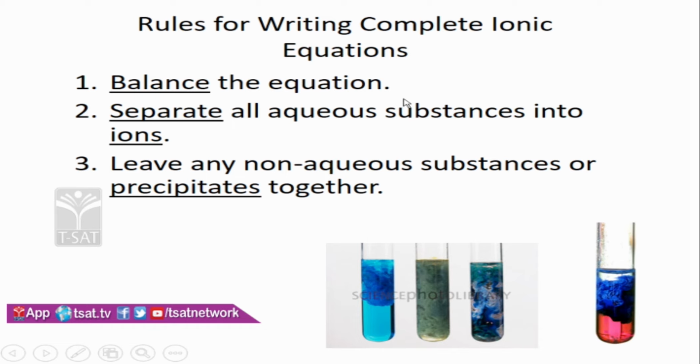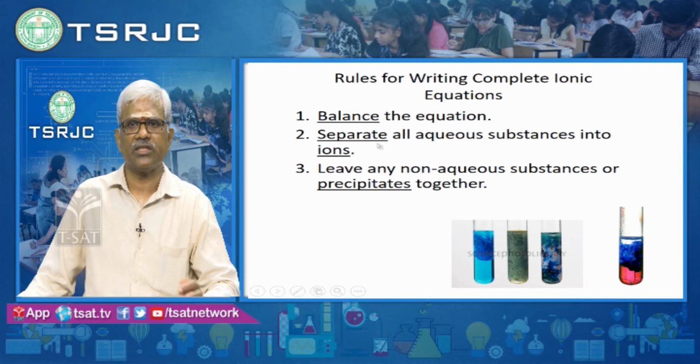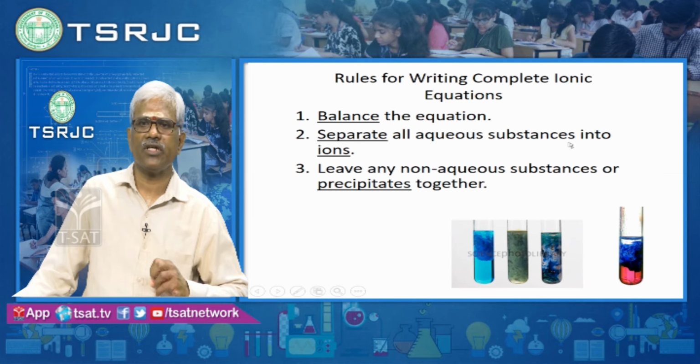First, whatever type of reaction it is, you have to balance it. Otherwise, the chemical process will not obey the law of conservation of mass. Based on the law of conservation of mass, during any chemical process, the equation should be balanced. Then separate all aqueous substances, that means aqueous ions.